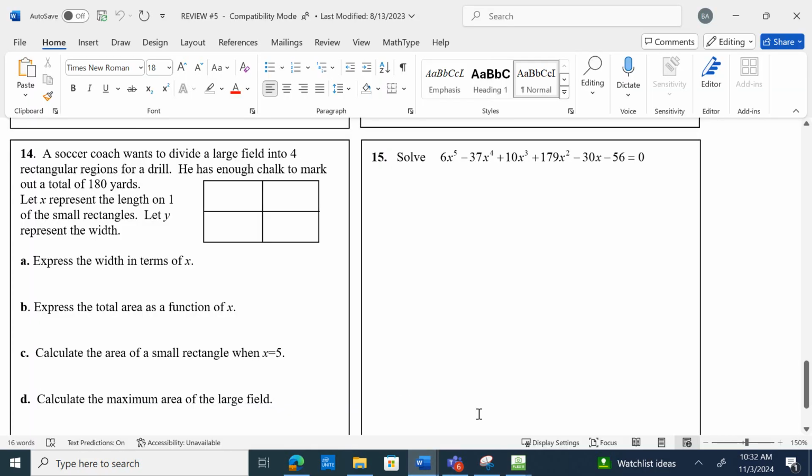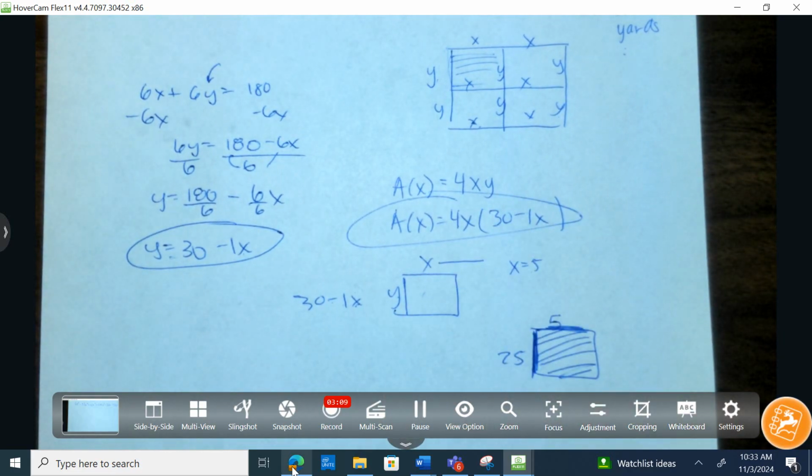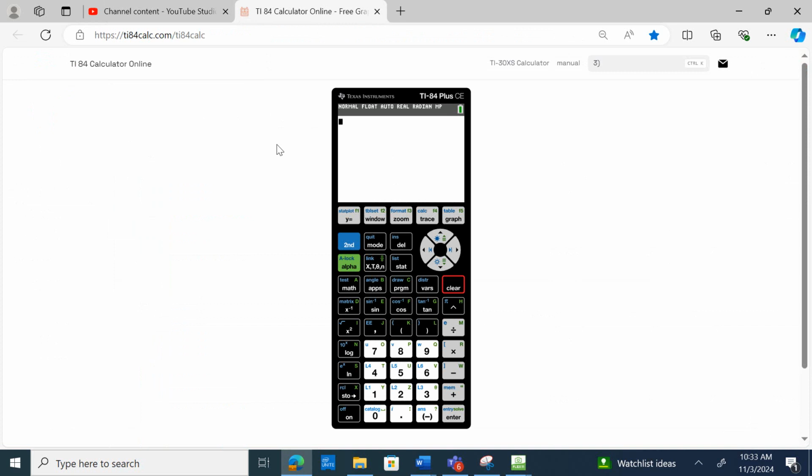Let's look at part D. Calculate the maximum area of the large field, which is all 4 combined. So I will come back here and take this equation, and plug it into my calculator simulator. I'm going to clear this, and plugging this in, we have 4 times X times Y, which is equivalent to 30 subtract 1X.